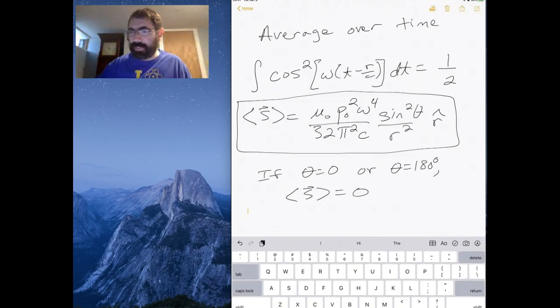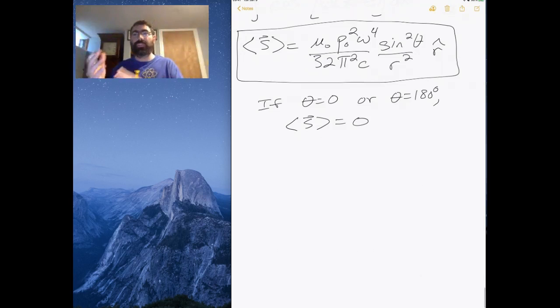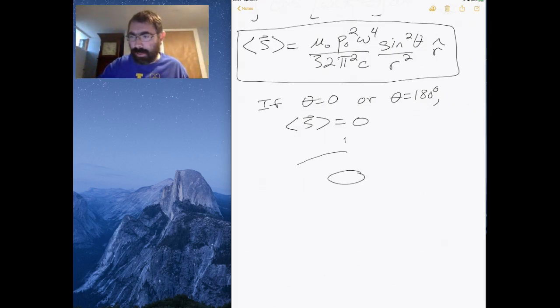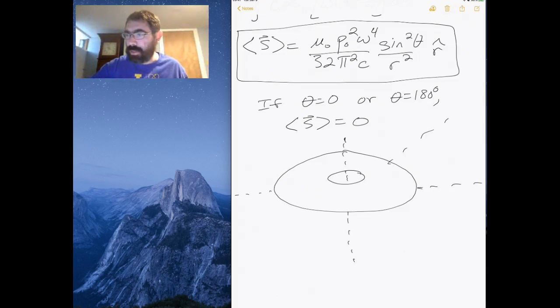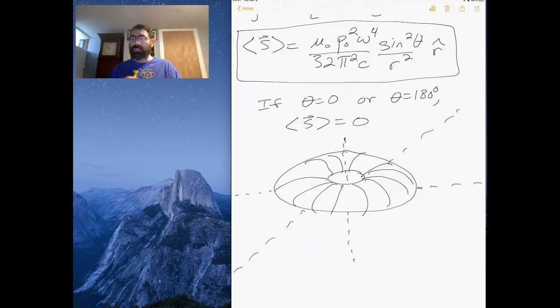And in the end, what you get is this sine squared over r squared shape, which looks like essentially the power is radiating outward in this toroidal shape. So that would be the power which is expanding outward like a donut, where there's no power on the axes pointing up or down.